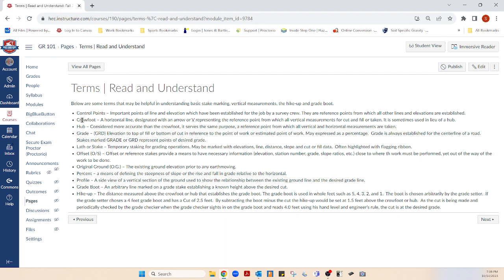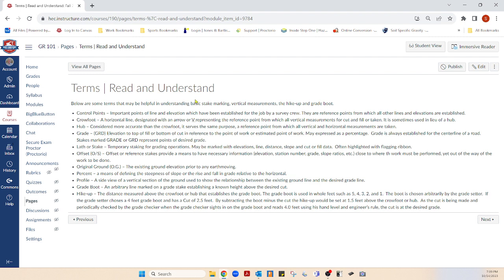Now, a crow's foot is a line drawn on the stake. It looks just like this right here, and it takes the place of this hub driven in the ground. It too becomes a reference point if you don't have any hubs, so all measurements will be taken from this point, especially in vertical.